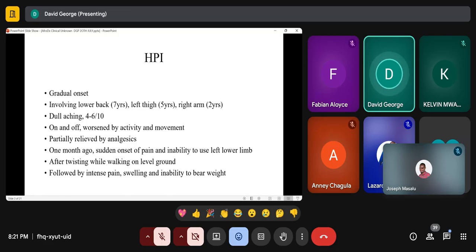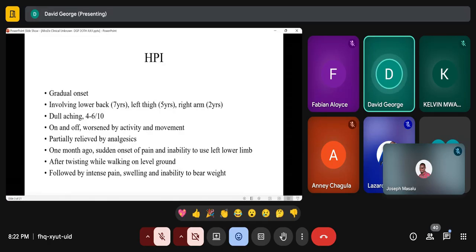So the bone pain was of gradual onset. It was involving the lower back, which was the longest, 7 years, and then left thigh for 5 years, and then right arm 2 years. It was dull aching with a score of 4 to 6 on a scale of 10.